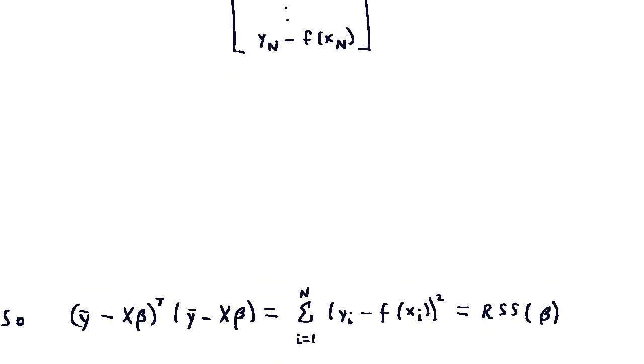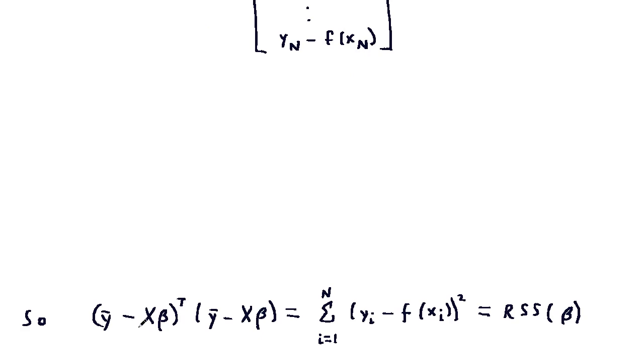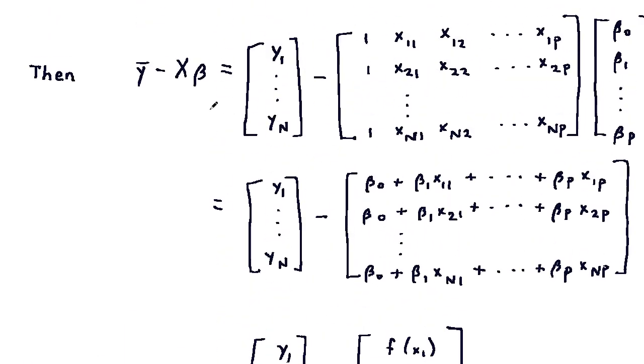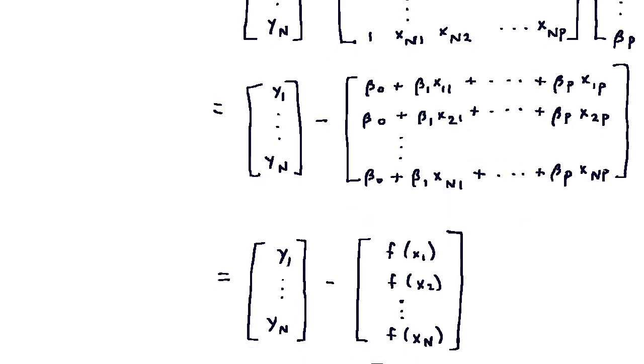So y minus x beta transpose times y minus x beta is going to be the sum of the squares of yi minus f of xi. So we found y minus x beta here, that's equal to this.